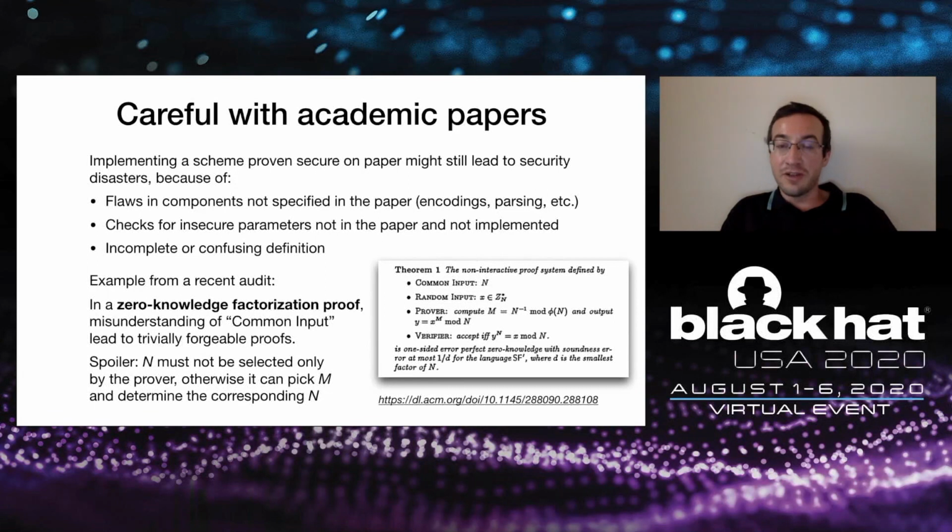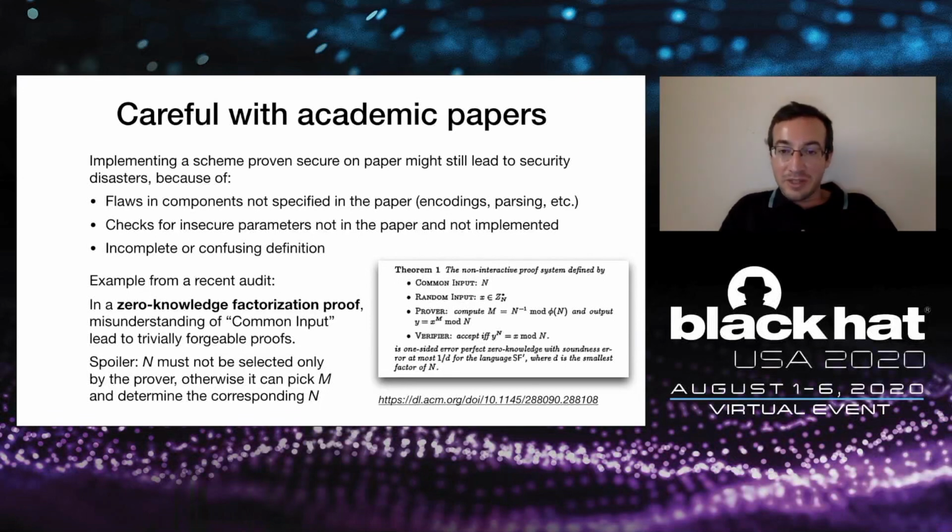proof of factorization, whereby a prover proves to a verifier that they know the factorization of some RSA modulus, which means without leaking the factors. The problem here is, as you can see in the small screen cap, there's a common input, capital N. The authors of the paper had one understanding of common input, but they did not describe it in the paper.